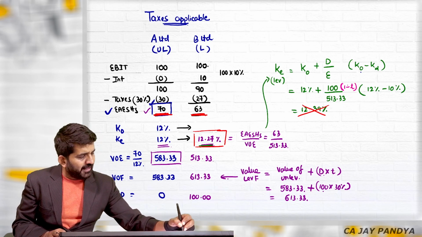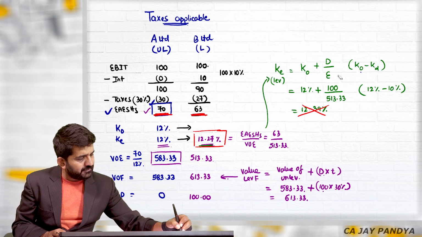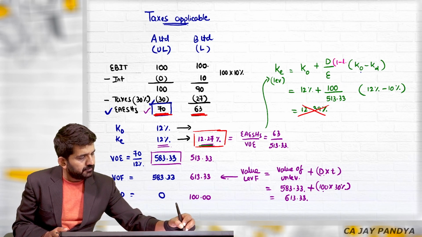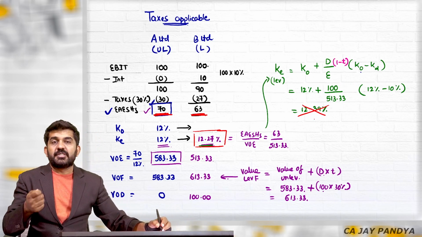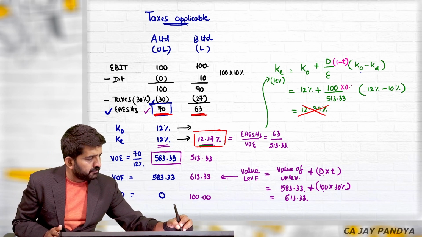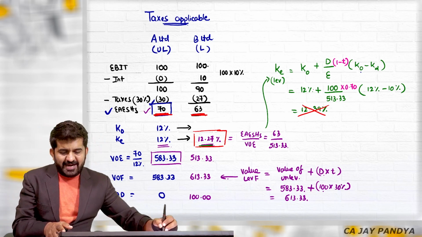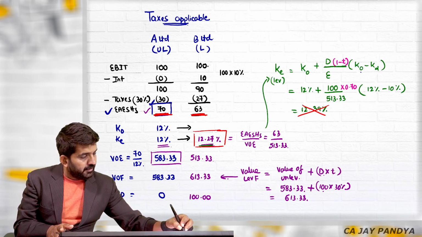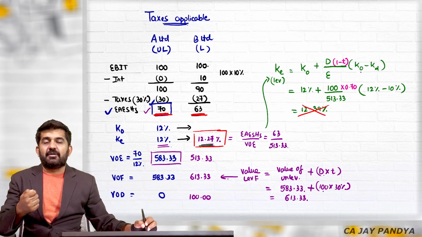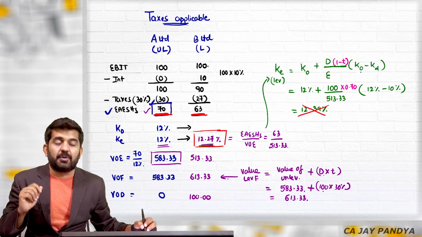What is 1 minus t in our case? 0.70. So that, into 1 minus t, I will be writing in the numerator, and in the denominator it will be equity.